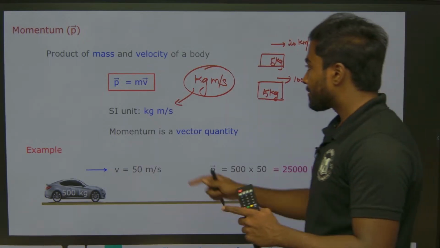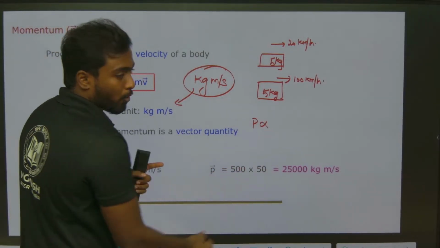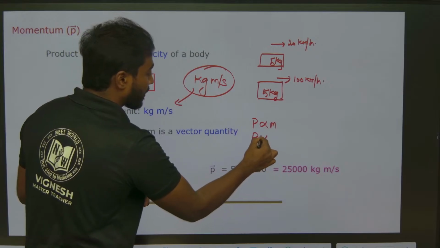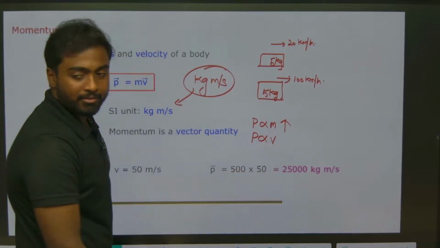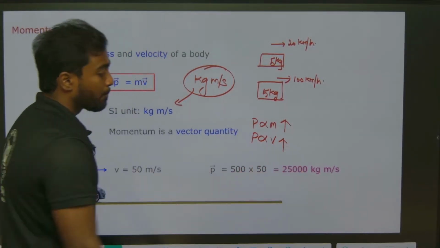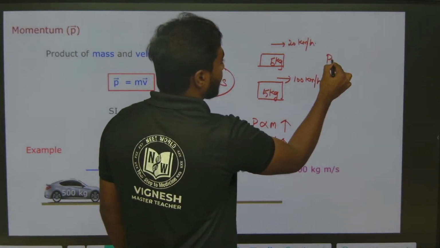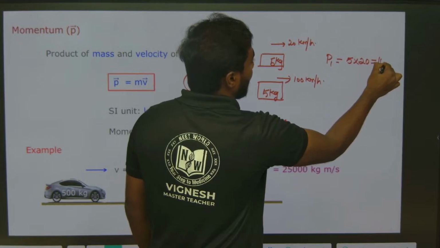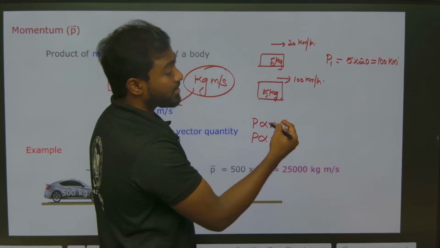So in this condition, what I can analyze is that momentum is directly proportional to mass as well as directly proportional to velocity. If mass increases, momentum increases. If velocity increases, momentum increases, right? If I find momentum for object 1, it is 5 into 20, which is 100 kg kilometer per hour.